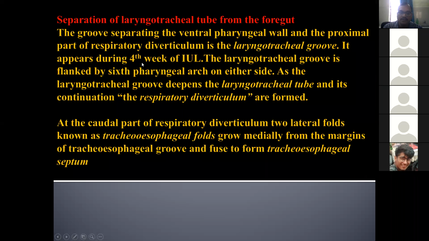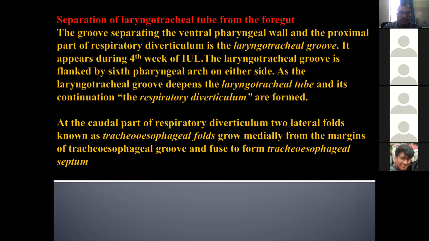It appears during 4th week of intrauterine life. The laryngotracheal groove is flanked by 6 pharyngeal arcs. So where does this laryngotracheal groove start developing? The laryngotracheal groove is formed in the 6th pharyngeal arc.